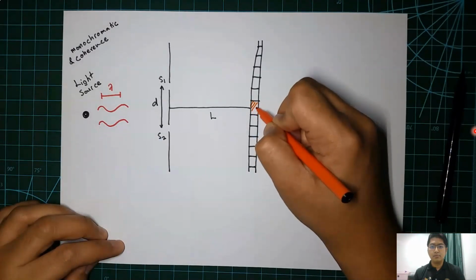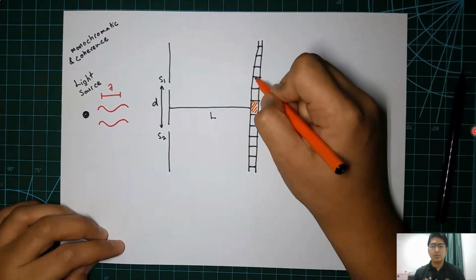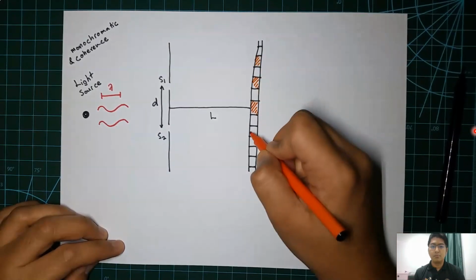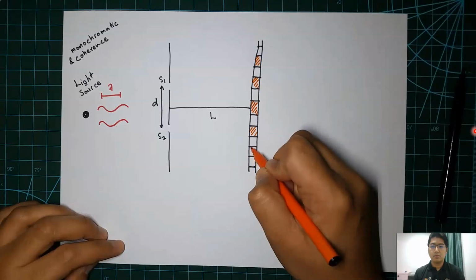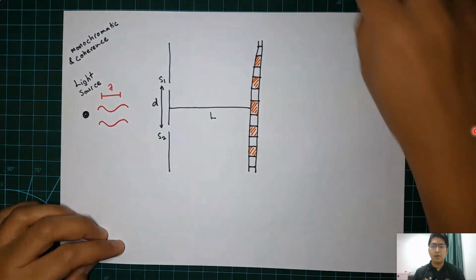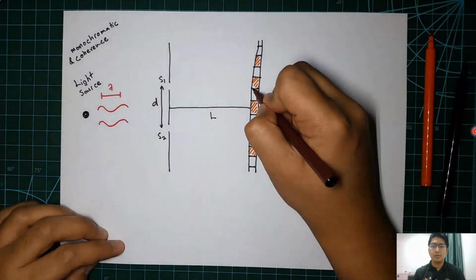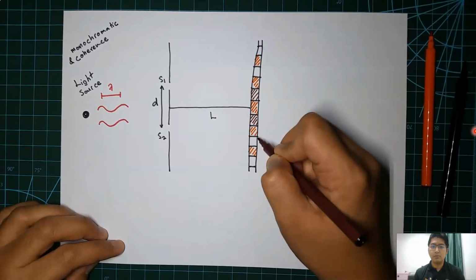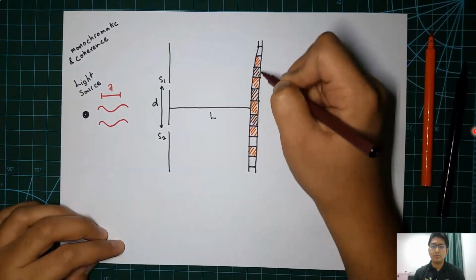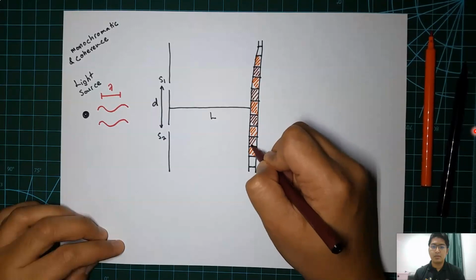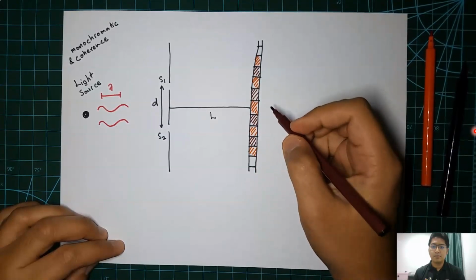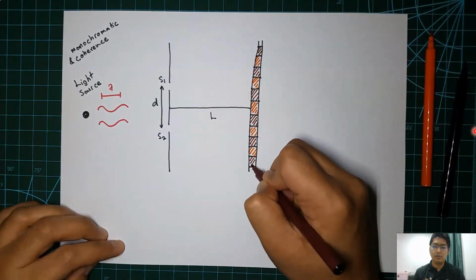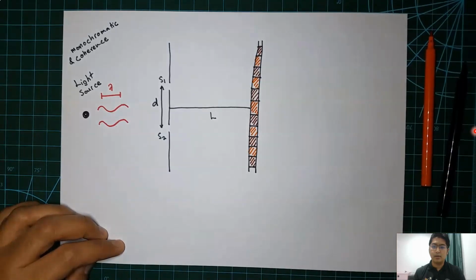In the middle, constructive interference will occur, and then a series of bright fringes, and in between the bright fringes will be dark fringes. These are the dark fringes, denoted by the brown color. The bright fringes are denoted by the orange color.